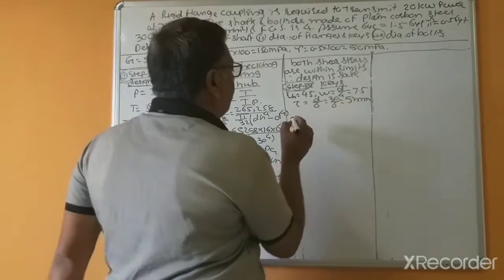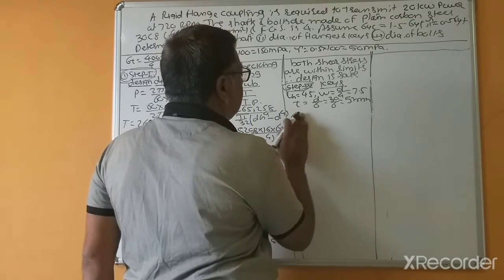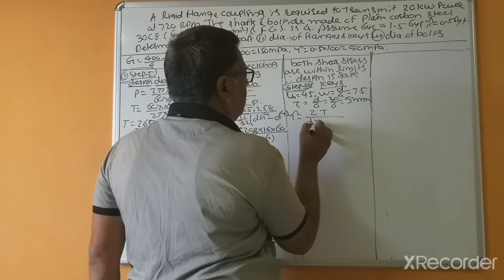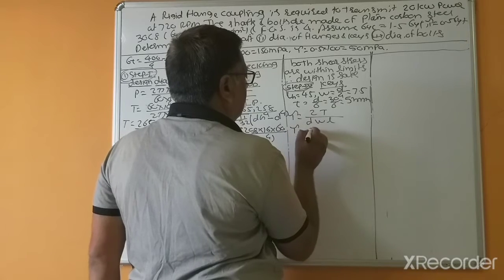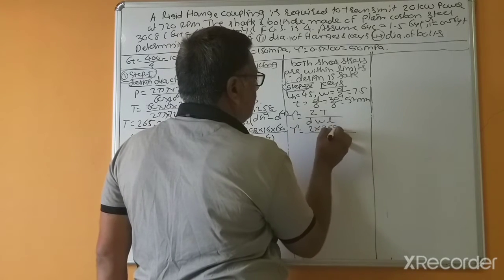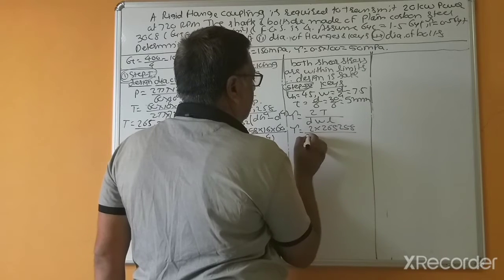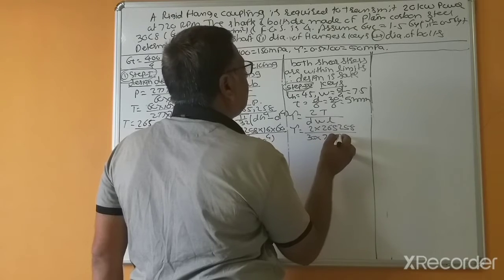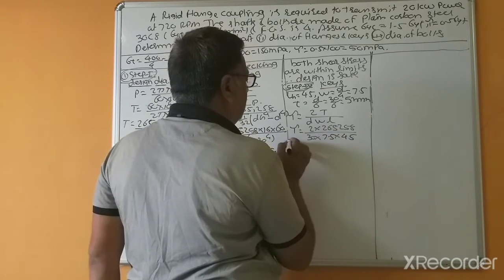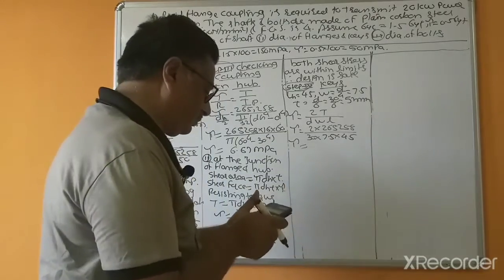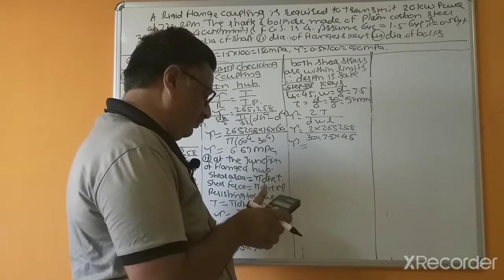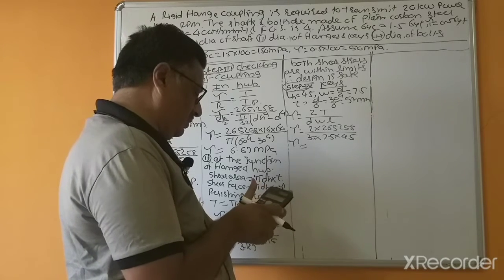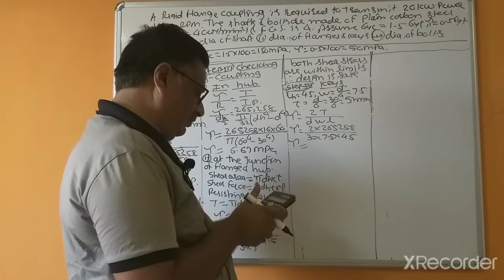Right? And for crushing, now checking purpose, so first shear stress equal to 2T divided by dWL, 2 into 265,258, D equal to 30, width equal to 7.5, length of the key 45. 265,258 multiplied by 2 divided by 30 divided by 7.5 divided by 45.